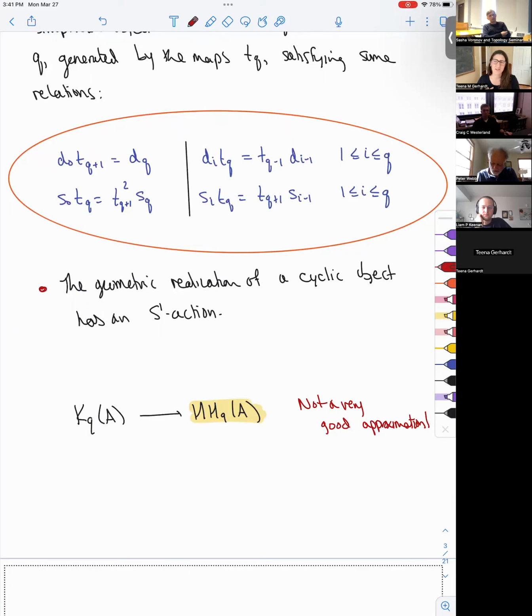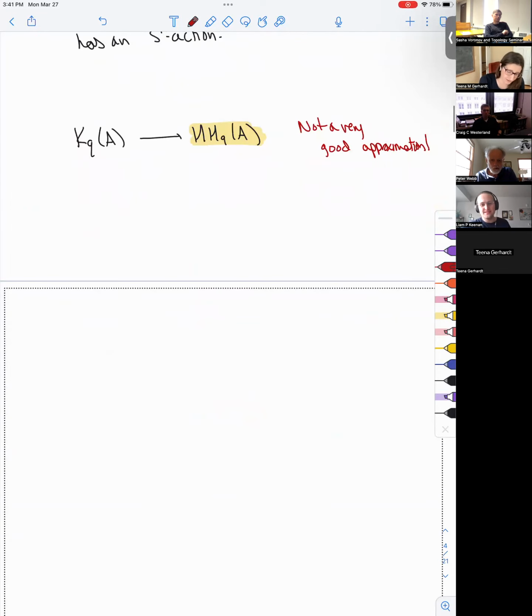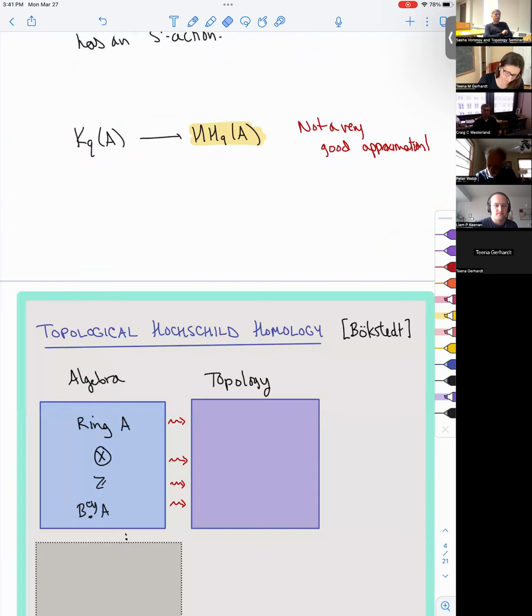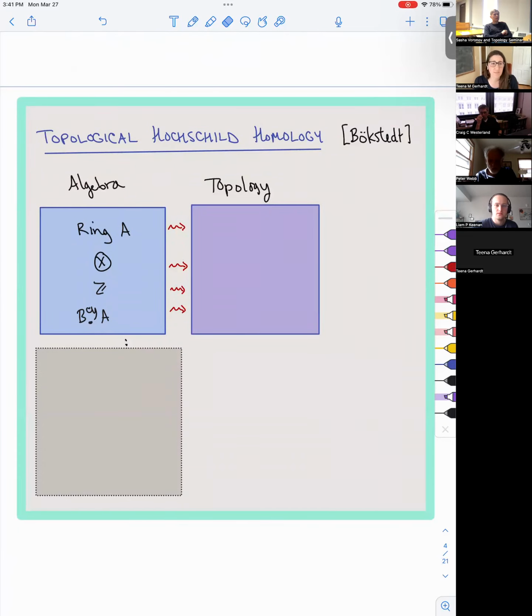And so we somehow don't expect Hochschild homology to really capture everything that's happening in algebraic K-theory. I would want to have a more topological version of Hochschild homology to be a better approximation. Okay, well, fortunately, there is such a thing. Bökstedt constructed topological Hochschild homology.